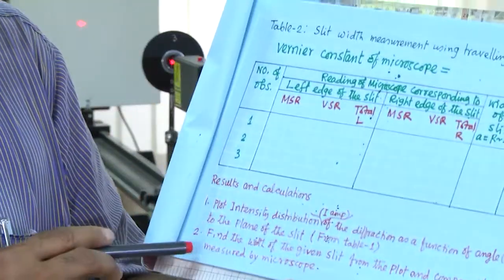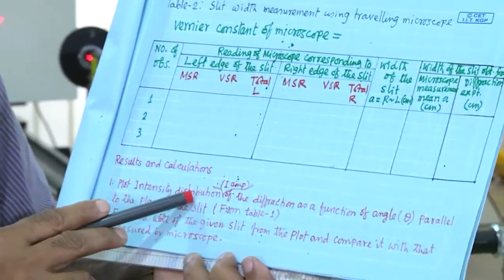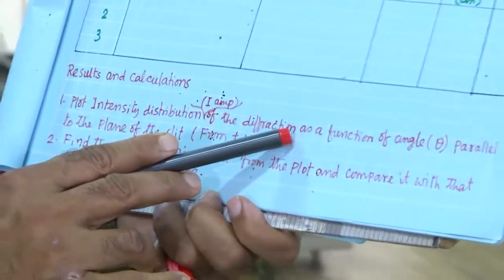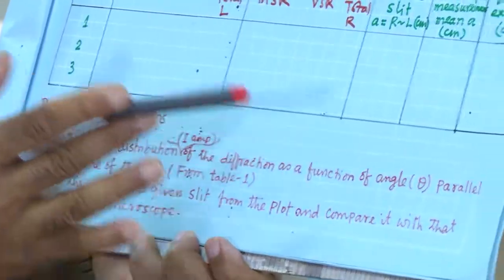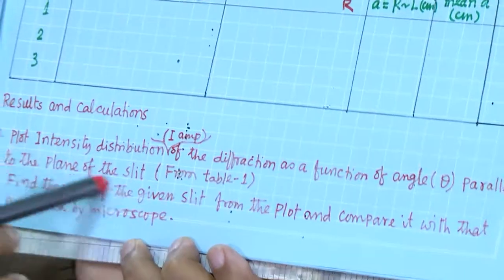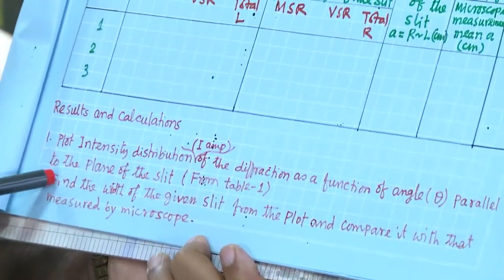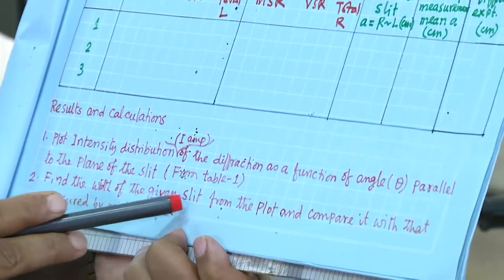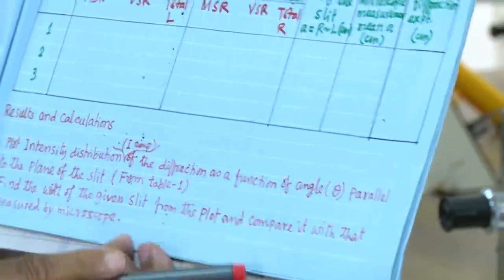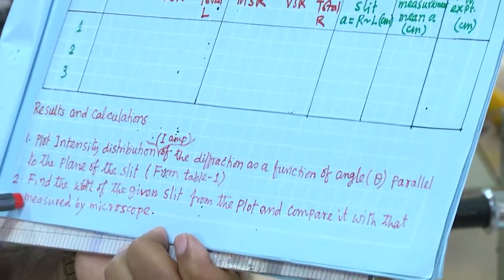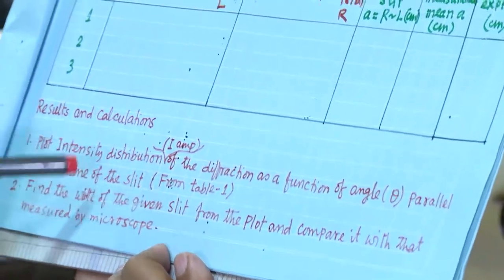So, basically we will take data and then we will plot the intensity distribution of the diffraction as a function of angle theta. This photocell should be parallel to the plane of the slit, of course. So, from table 1 we will get this data, and then we will find out the width of the given slit from the plot, as well as we will measure it using the travelling microscope, for comparison.